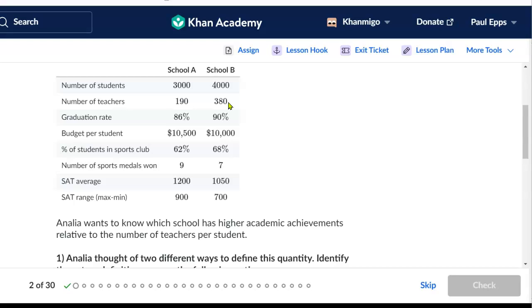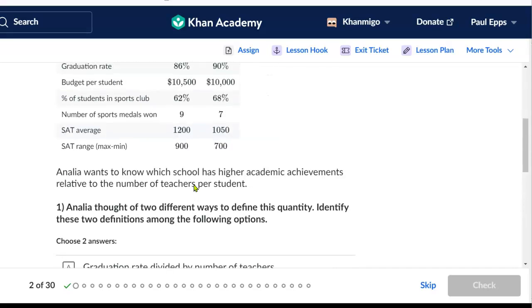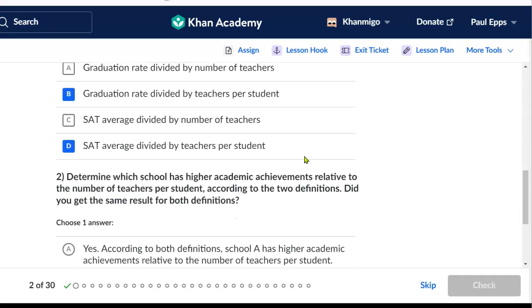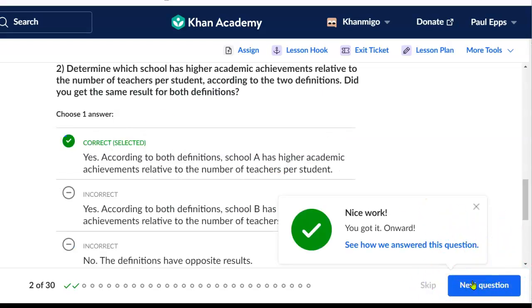So School A is going to get the win on that one. If we look down here at the SAT average, that's the second one, right? SAT average 1,200. Well, School A is higher, so School A has higher. Yeah, School A is better on both of those. All right.